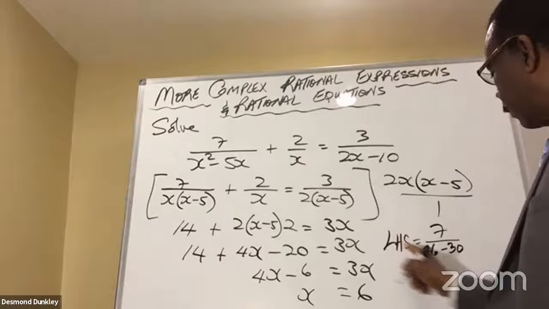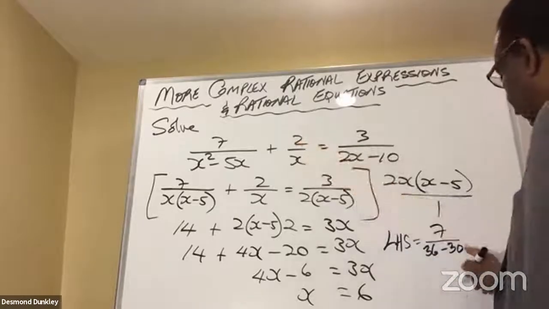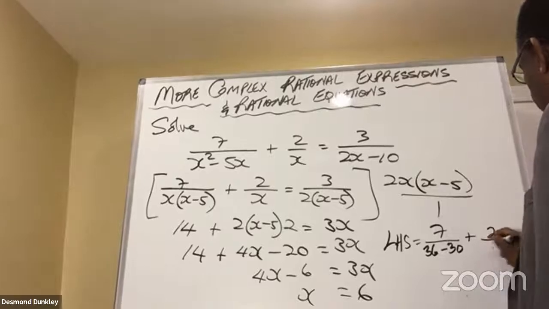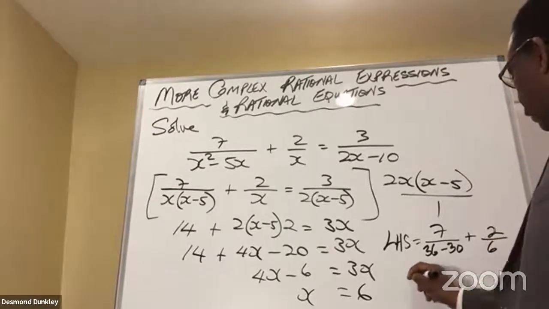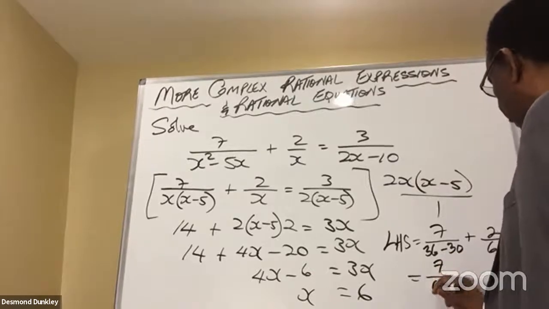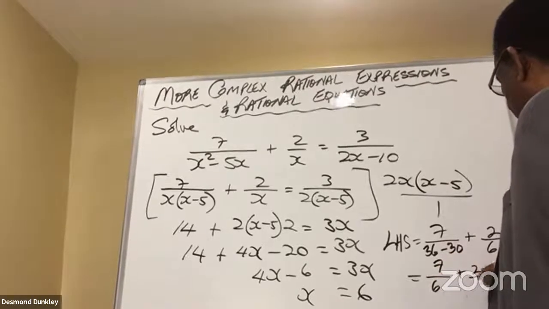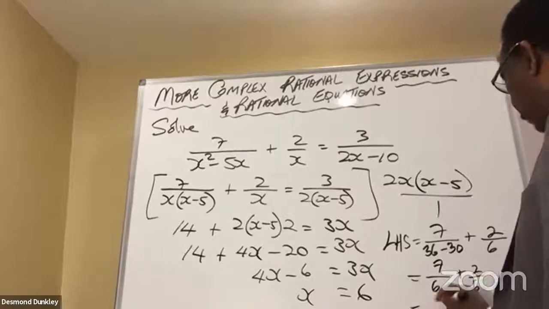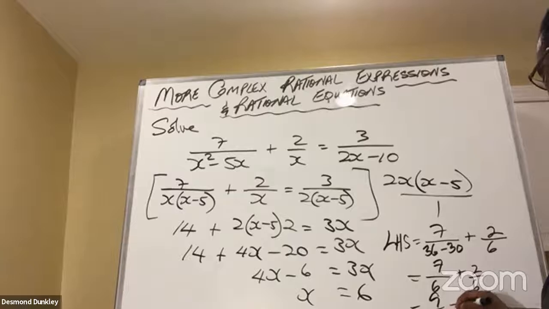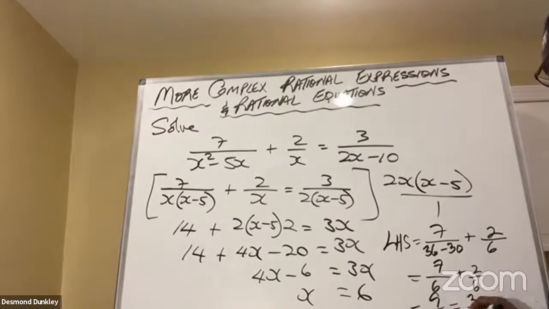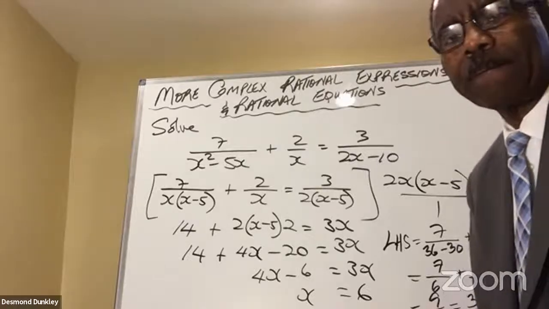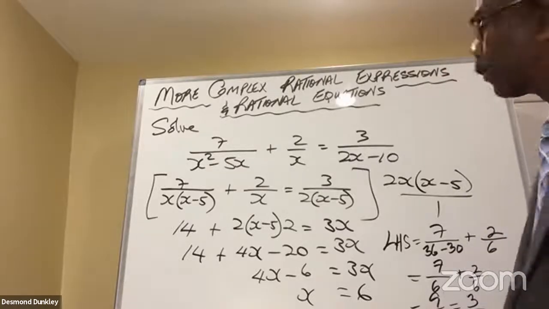Look at it, 6 squared is 36, 5 times 6 is 30, plus 2 over 6. That's going to be equal to 7 over 6 plus 2 over 6. So that's 9 over 6, and when I simplify that, I end up with 3 over 2. So the left-hand side is equal to 3 over 2.